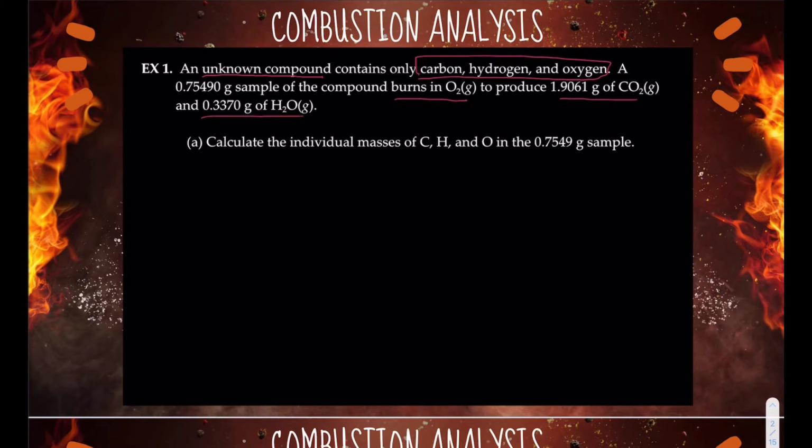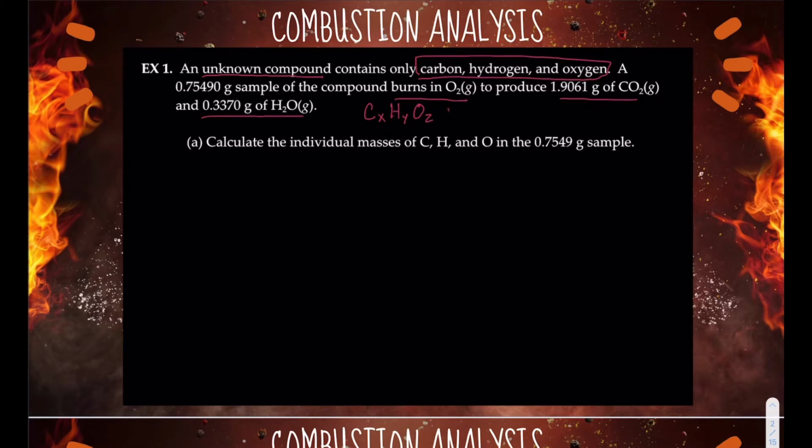Let's take a moment to just write this chemical equation out. We don't know the exact formula of this unknown compound, but we do know that it contains carbon, hydrogen, and oxygen. So we're going to put the variables X, Y, and Z in place of the subscripts that are going to belong to that formula.